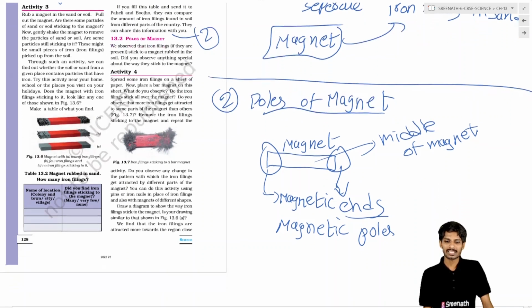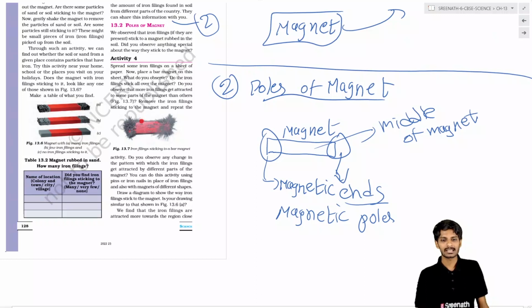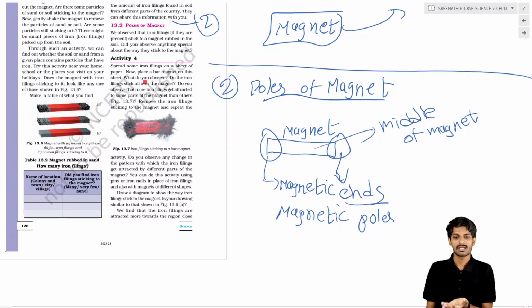If you do one experiment, suppose you take iron filings on a paper and place a bar magnet in it, what you observe is that the maximum number of iron filings will be attracted and deposited at the ends, and only some of the iron filings will be deposited in the middle of the magnet.